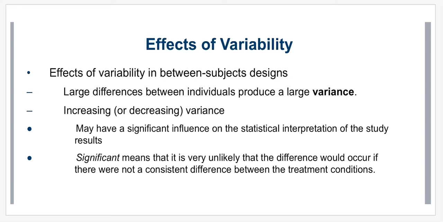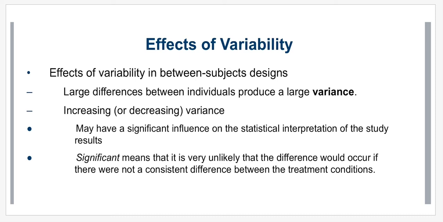Significant, like when you're talking about statistical significance in a study, means that it is very unlikely that the difference would occur if there were not a consistent difference between the treatment conditions. So when you say it's statistically significant, you're saying that the results you got are very unlikely to have occurred if the independent variable wasn't truly making an impact.